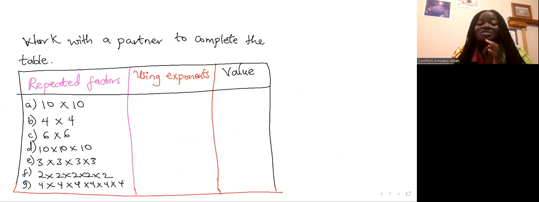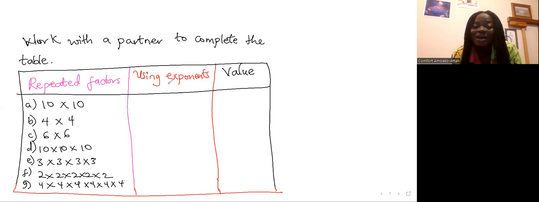Moving on, I want you to take your sheets and work this out with a partner. The first I have here is 10 times 10, 4 times 4, 6 times 6, 10 times 10 times 10, 3 times 3 times 3 times 3, 2 times 2 times 2 times 2 times 2, 4 times 4 times 4 times 4 times 4 times 4.